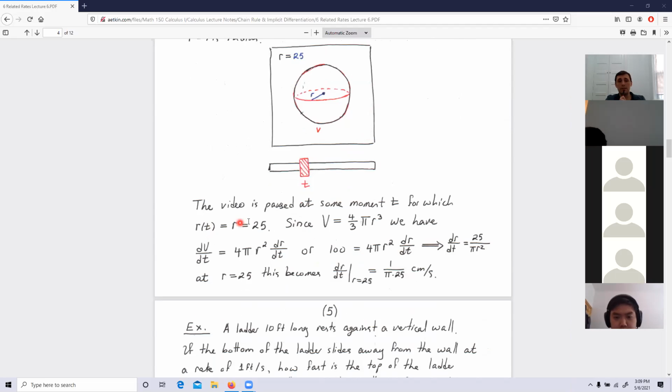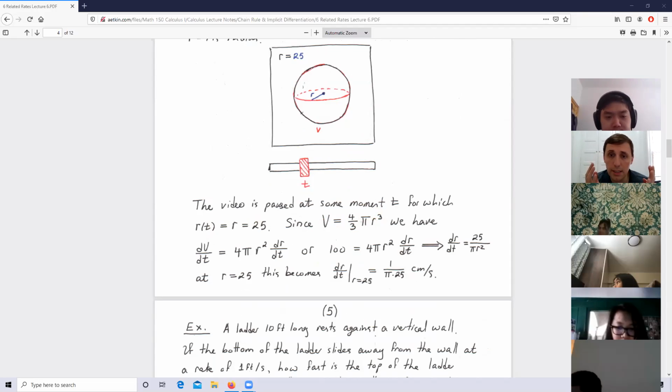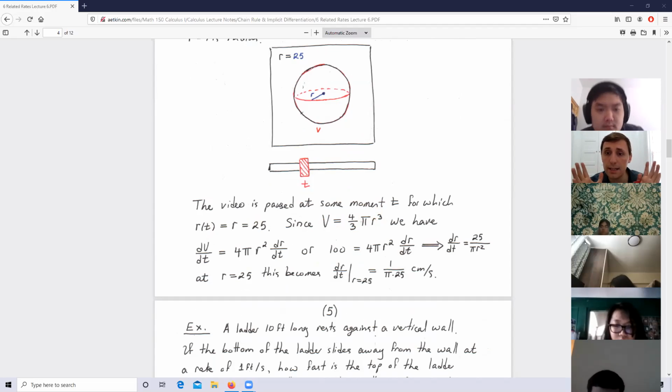I take the derivative with respect to time. You agree that volume is a function of time, and this is another way to write the volume as a function of time that involves the radius. You see, the reason it's called related rates is because the growth of r is related to the growth of v, because they are identified by an equation. Yes, they are related by the equation.